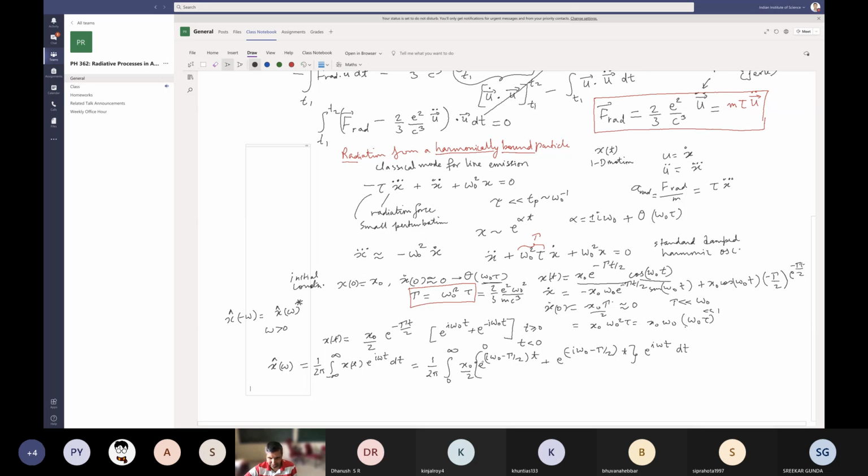This integral is trivial, right? You have e to the i omega plus omega naught minus gamma by 2. So what you get is actually this: x naught by 4 pi, 1 by gamma by 2 minus i omega plus omega naught, plus 1 by gamma by 2 minus i omega minus omega naught.